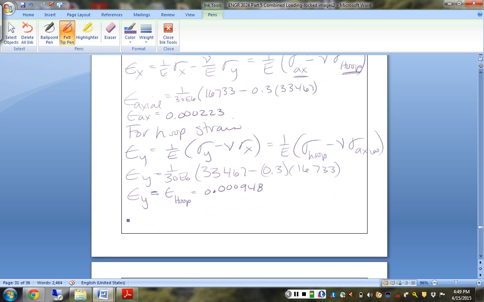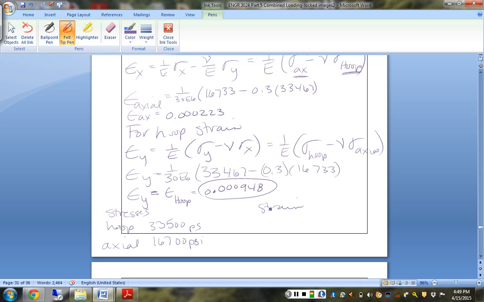So to summarize, the stress in the hoop direction was 33,500 or so, in the axial direction was 16,700, and the strain, what is that?